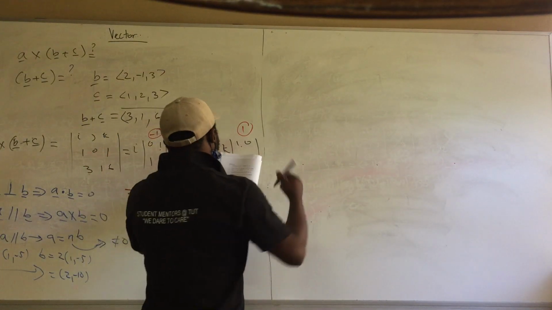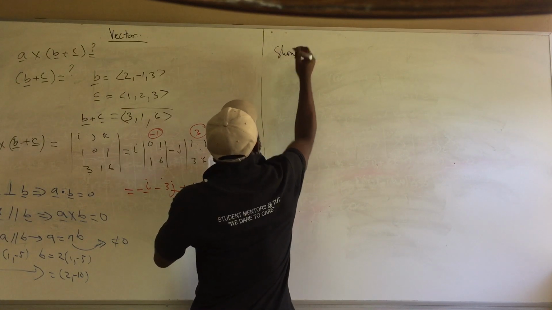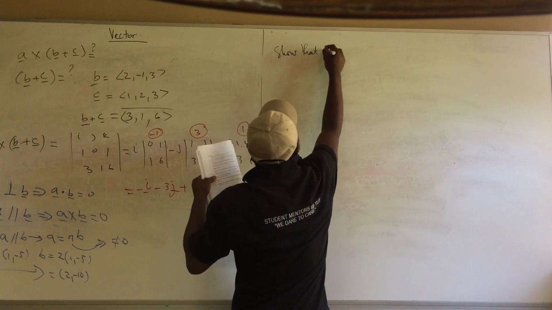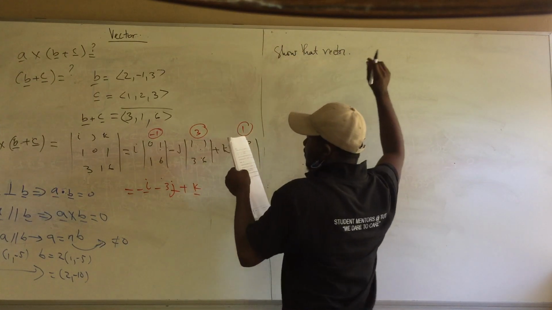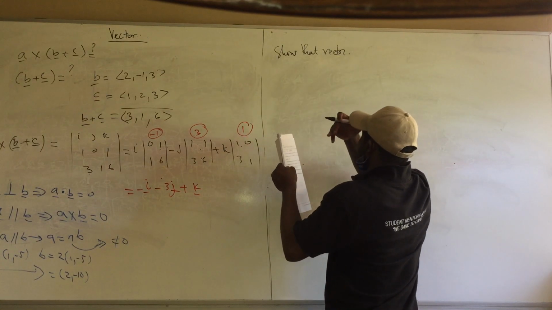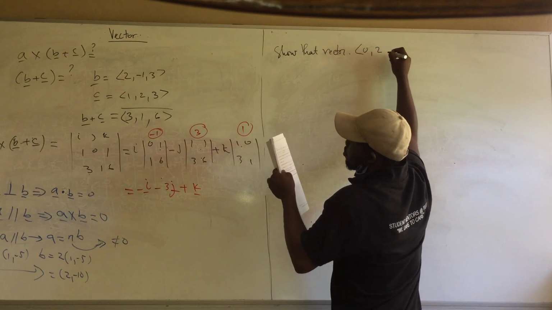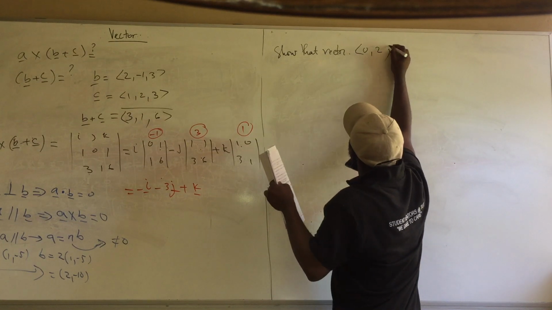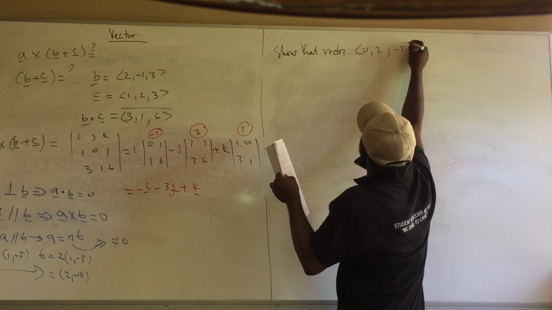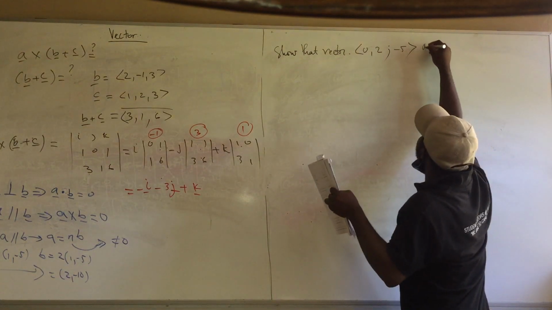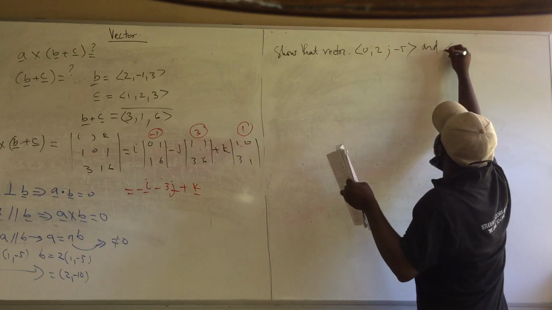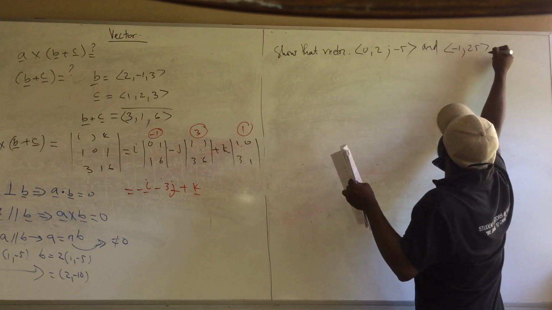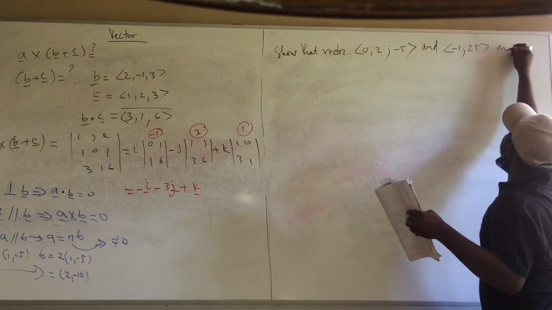Okay, I'm going to write the full question. It says show that vectors 0, 2, and minus 5, like this, and minus 1, 2, 5 are parallel.